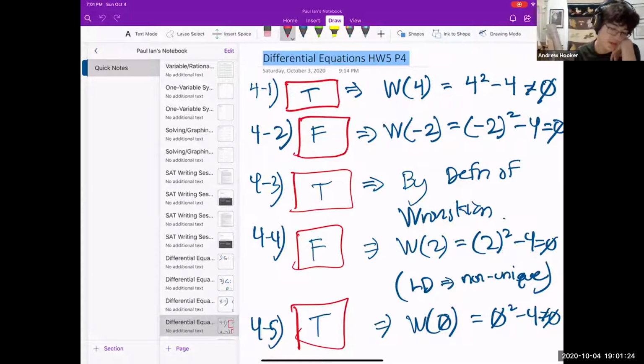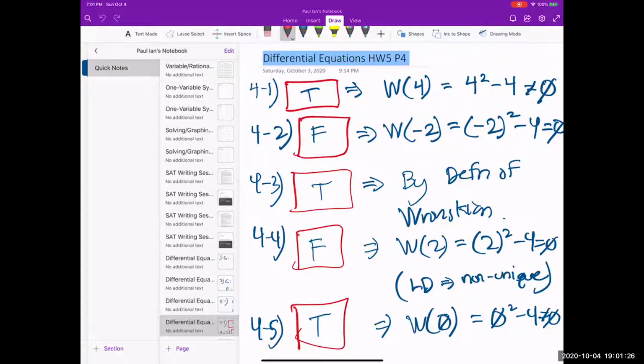It's saying there's some. You know how when you look at the Wronskian, we've been calculating the Wronskian for ages now, since like 2 weeks ago. Usually the Wronskian is a number, but sometimes we get the Wronskian as a function, a variable.